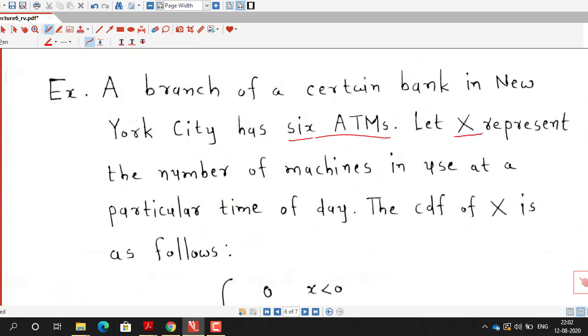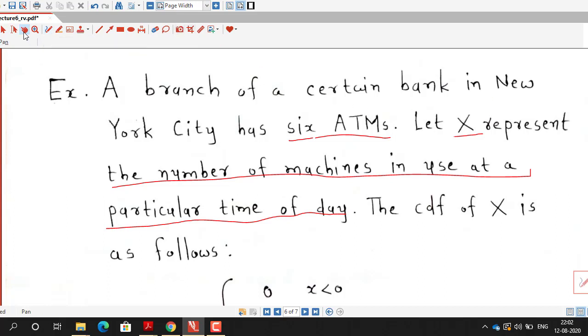Random variable capital X represents the number of ATM machines in use at a particular time of a day. Capital X is the number of machines in use at a particular time of day, and there are a total of 6 ATM machines. So what are the possible values of this random variable?